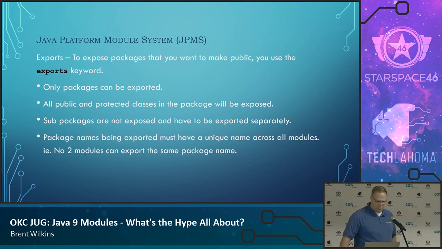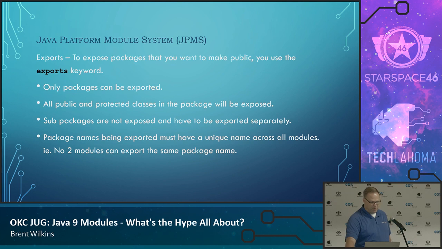Package names being exported must have a unique name across all modules. So in other words, two modules cannot export the same package name. So once again, they're trying to protect against package and class errors, like no such method found or no such class found or whatever.